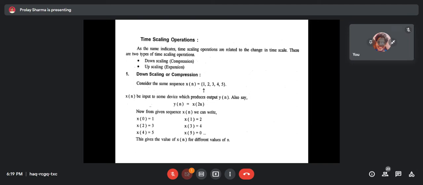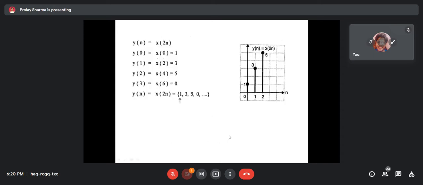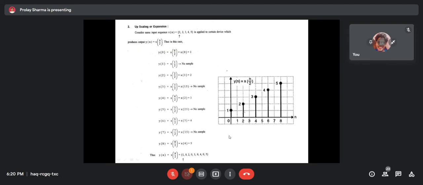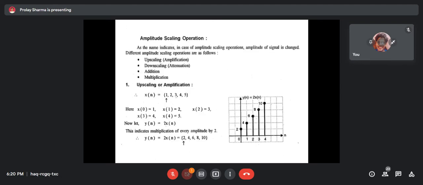So if we divide the time scale n inside the bracket, the signal gets expanded. If we multiply, the signal gets compressed. This is a tricky formula, and there is a little bit of ambiguity, so you should remember it and understand it clearly. This is a very important operation on signals.